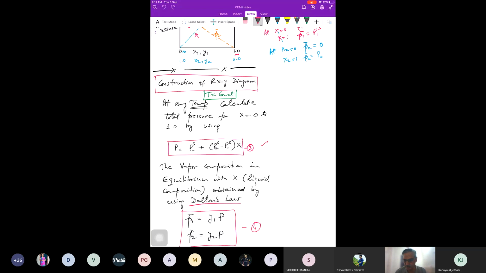So we need to calculate P1S and P2S, which is essentially the vapor pressure of component 1 and component 2. Then we select values of x1 between 0 to 1: 0, 0.1, 0.2, 0.3, 0.4, 0.5, 0.6, 0.7, 0.8, 0.9 and 1. Substitute in this equation 3 and you get total pressure.